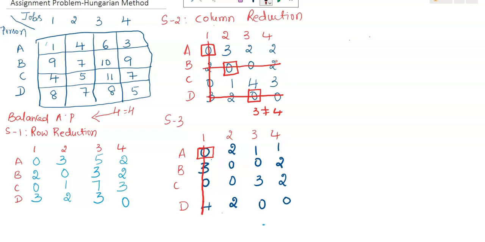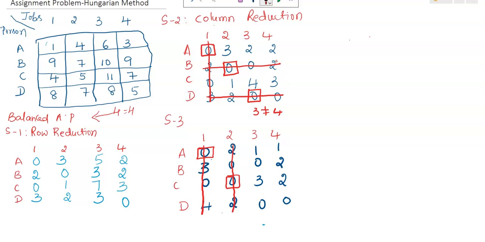We have more than 1, so you should not strike out, just leave it. So come to the third row. We have 1 zero, so you have to strike out vertically. Come to the D row. We have more than 1. So row scanning is over.